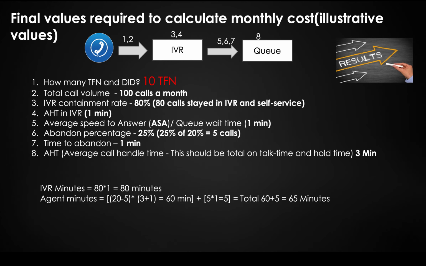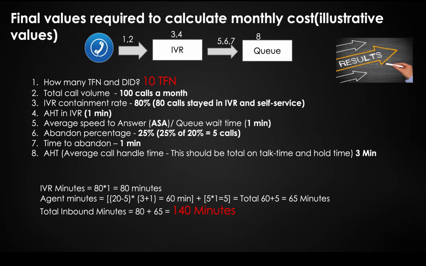Plus, what you would do is you would take those 5 abandoned calls and multiply them with the time to abandon, which is like 5 minutes. So if you look here, the total comes to 65 minutes. So that's the time for the calls which went to the queue. It took approximately 65 minutes of your telecom to perform all the agent related discussion.